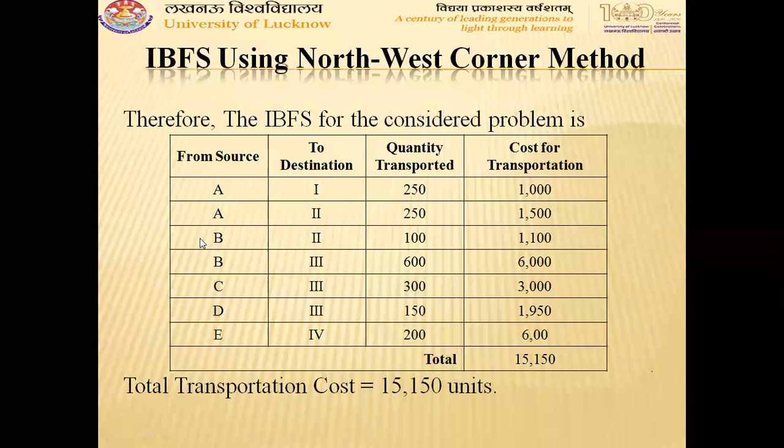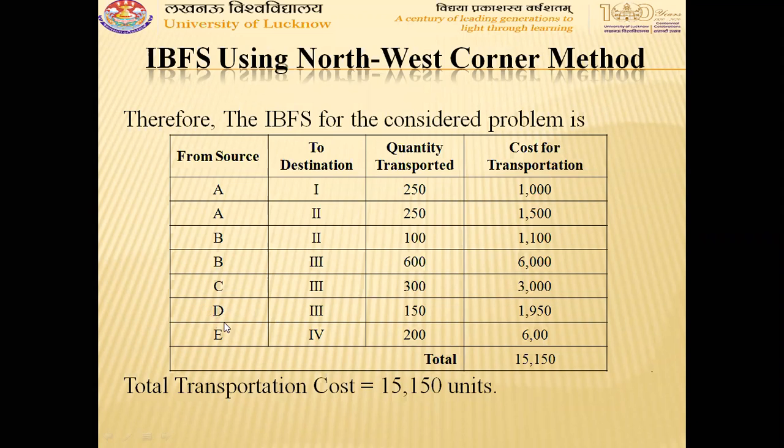Similarly, from source B to destination 2, 200 units are transported, so the cost of transportation will be 1100. From B to 3, 600 units are transported and the transportation cost becomes 6000. From C to destination 3, 300 units are transported, so the transportation cost will be 3000.